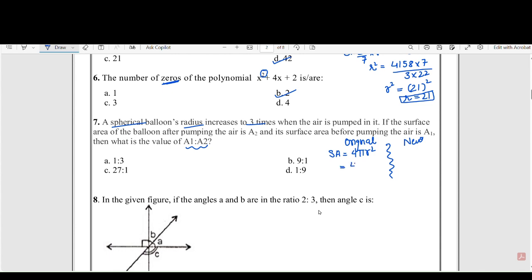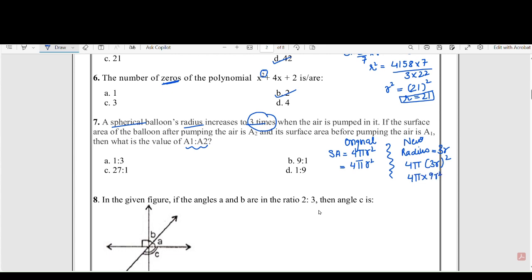So replace here, radius is r only, here radius is, as per the question, 3 times. So 3r. Now substitute here 4 pi 3r whole square. Hence this will be 9r square.